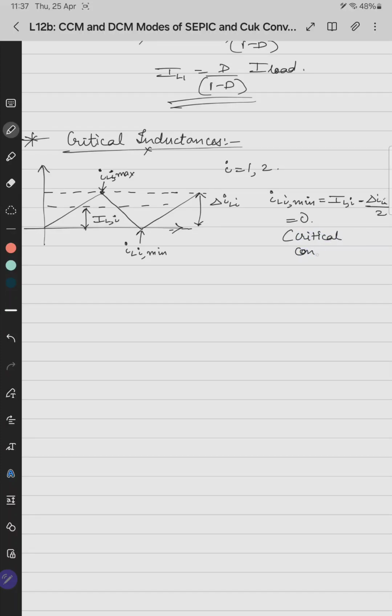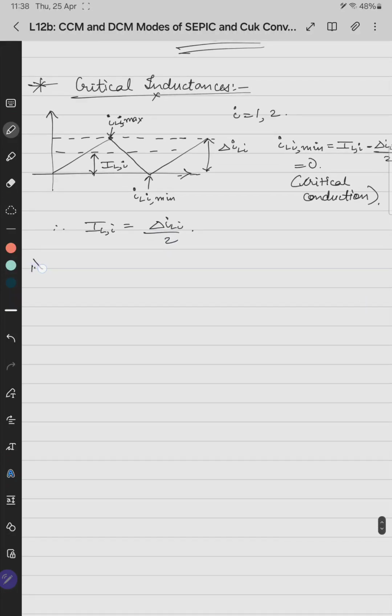For critical conduction, that is when the waveform is just on the verge of going into DCM, discontinuous conduction mode. So therefore ILI equals delta ILI divided by 2. So first we'll do for L1. For L1, IL1 equals delta IL1 by 2.